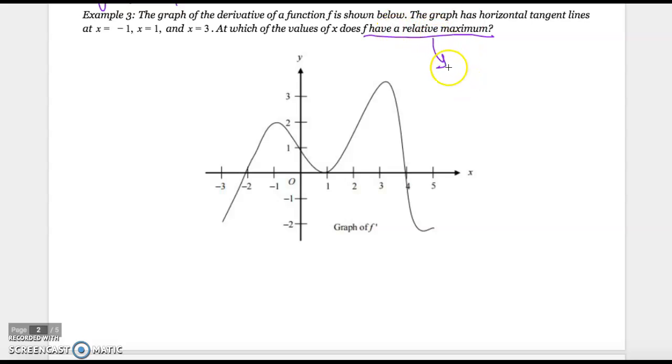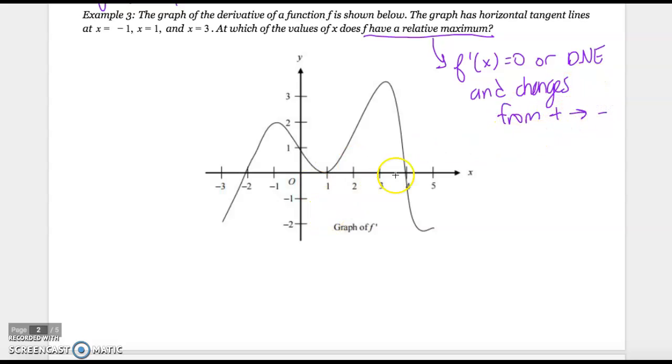So if f has a relative maximum, that means my derivative either equals 0 or does not exist, and changes from positive to negative. Looking at this graph, there are 3 places where my derivative equals 0. Right here, and right here. There are no places where it doesn't exist, so I don't have to worry about that.